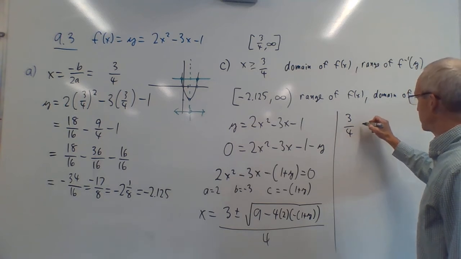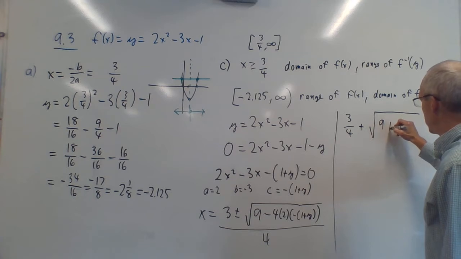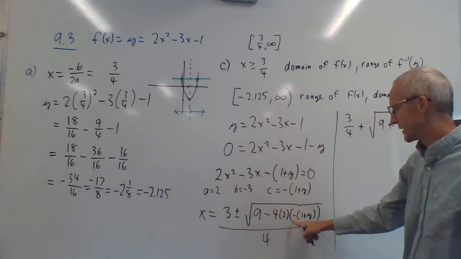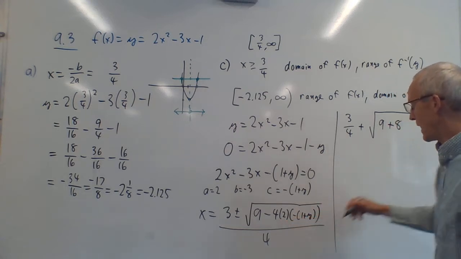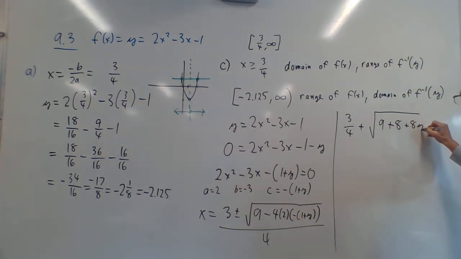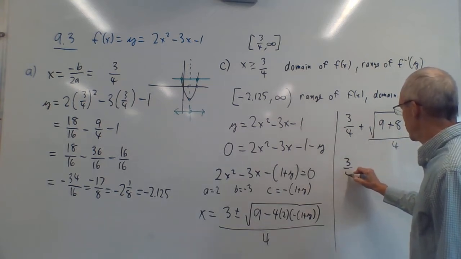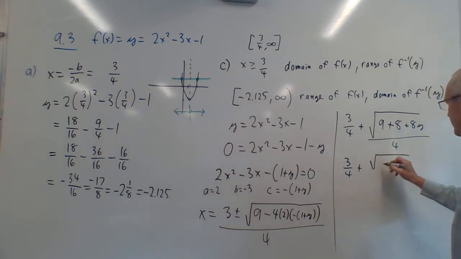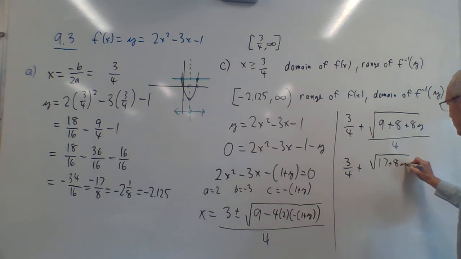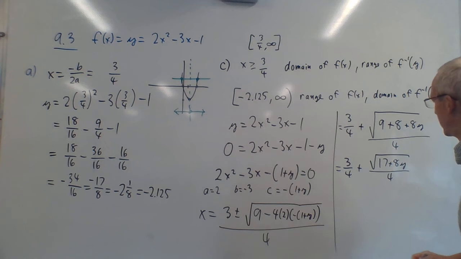So it's 3/4 plus the square root of 9 plus, because that minus negative is plus, 8 times y, so plus 8y, and that's still divided by 4. Finally, we can write that as 3/4 plus the square root of 17 plus 8y, divided by 4. Okay, that will be our new function.